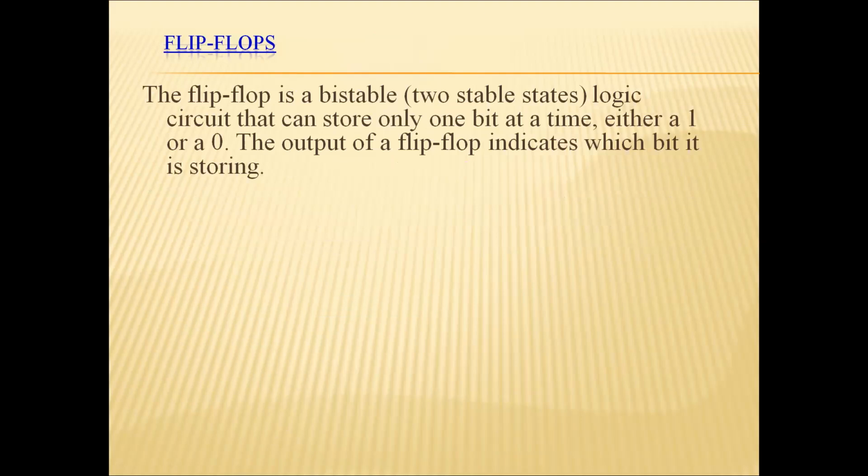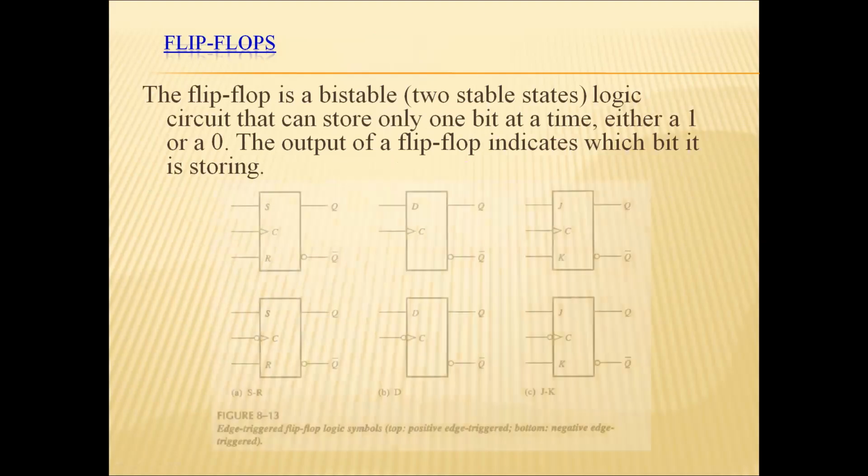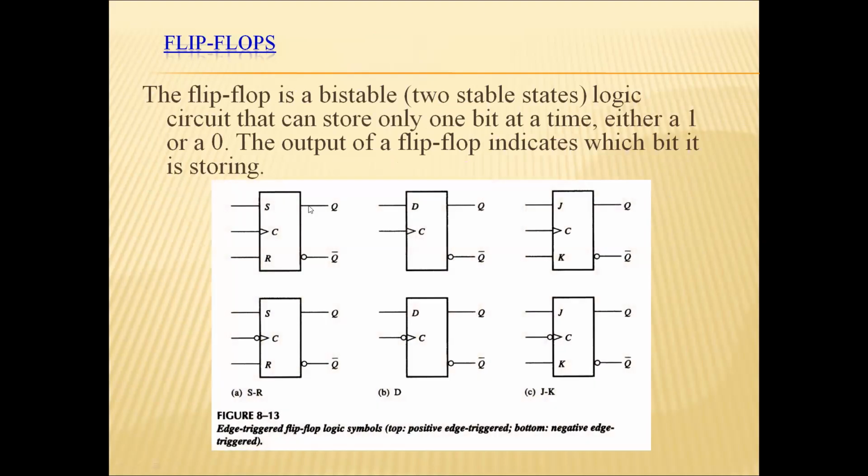Now flip-flops, a bistable state, can store only one bit at a time, either a 1 or a 0. So a flip-flop basically stores either 1 or 0. Let us say that Q is our output. Even this is represented in a flip-flop.